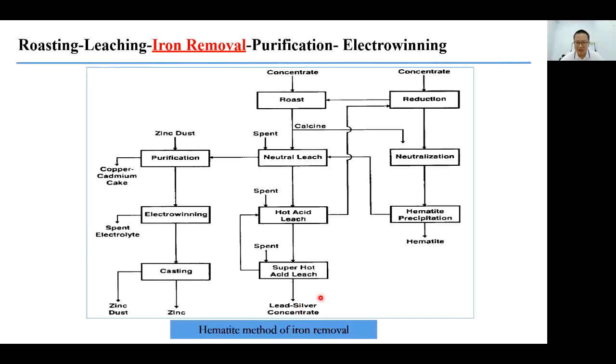This can be separated, individually processed, and silver can be very well recycled. And the leaching solution of the neutral leaching, after purification, you can get copper and cadmium cake, and this can be used for copper recovery and cadmium recovery. And after that, we are using electrowinning. So this is the hematite method.